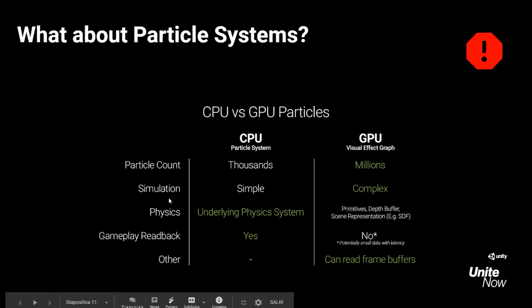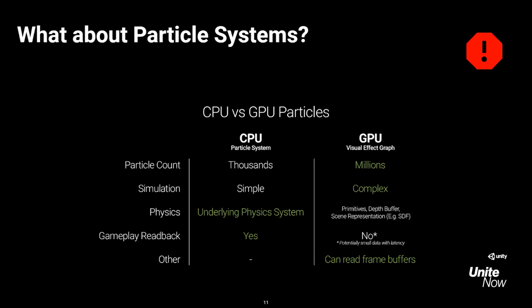Well, what's the advantage we have with VFX Graph? As I said, it's running on the GPU, so the particle count is much more extensive. You can handle millions of particles at the same time.